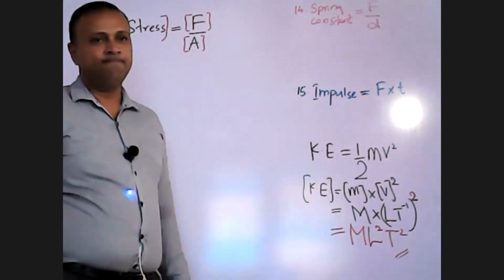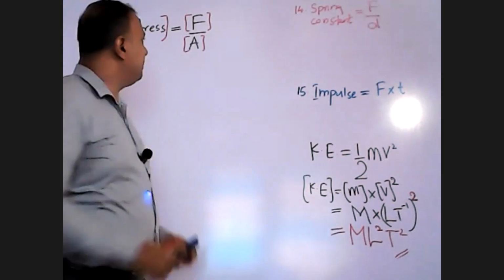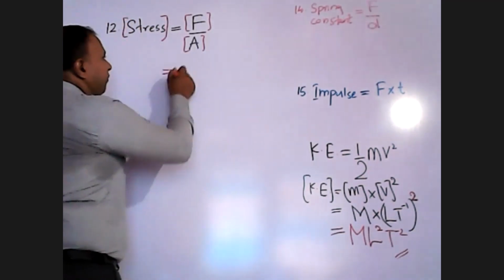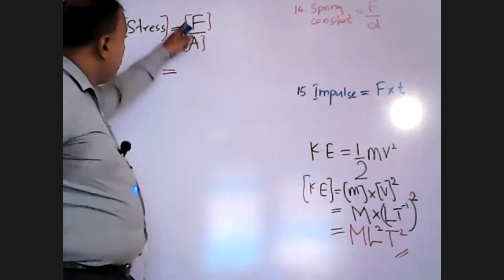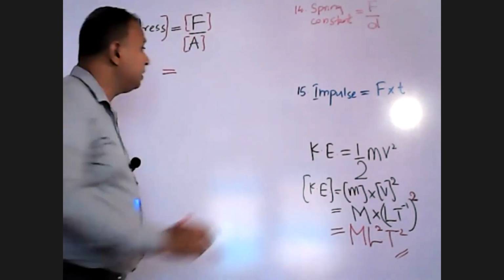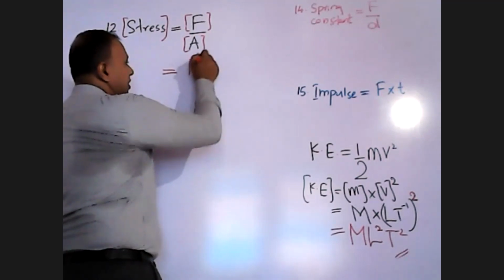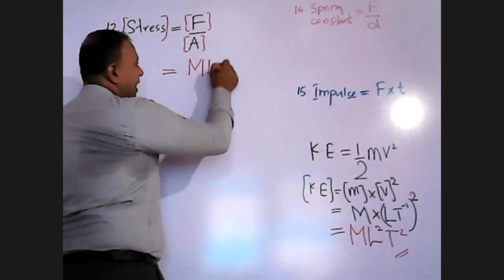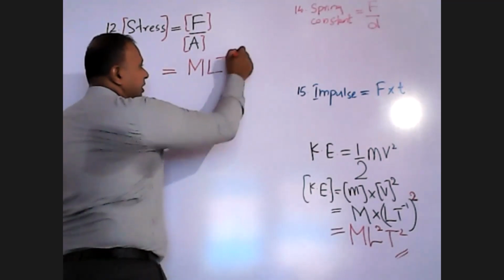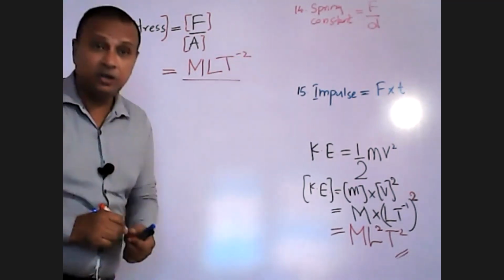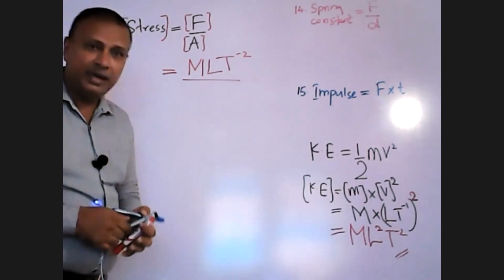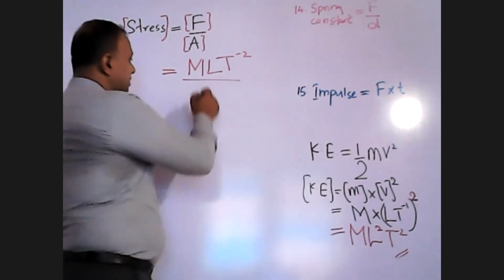Dimension of F, F means force. Dimension of force is equal to MLT^-2, over dimension of area. Dimension of area is L squared.